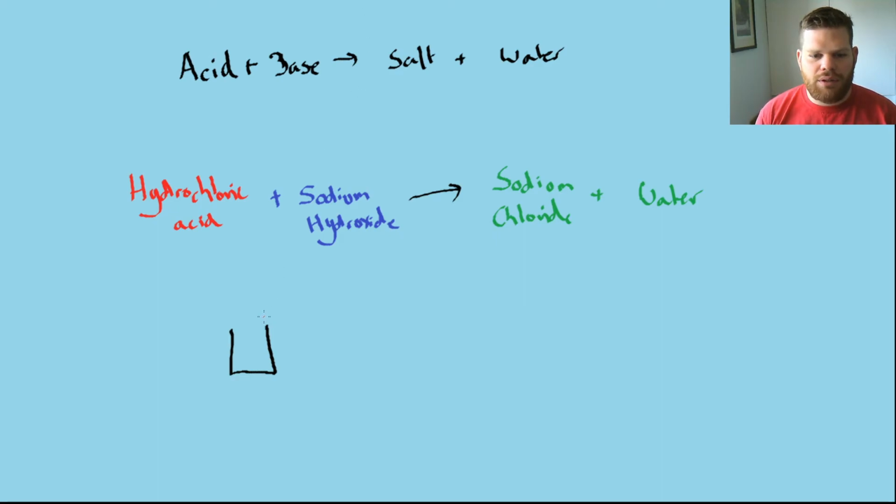I'll use red, because I've got a mixture of hydrochloric acid and universal indicator. So I've got some UI in here as well, universal indicator. And I'm going to add some of my base that I've also put some UI in. Here's my great drawing going on.